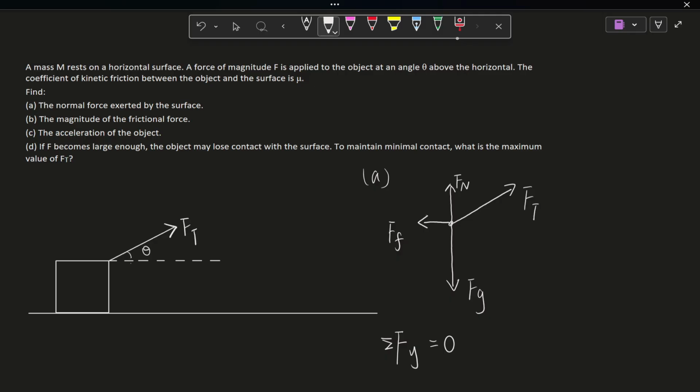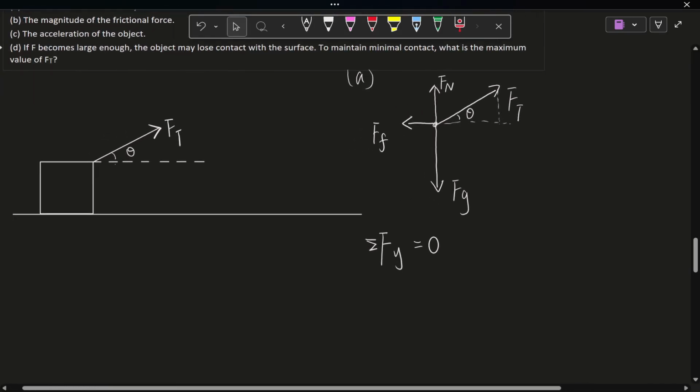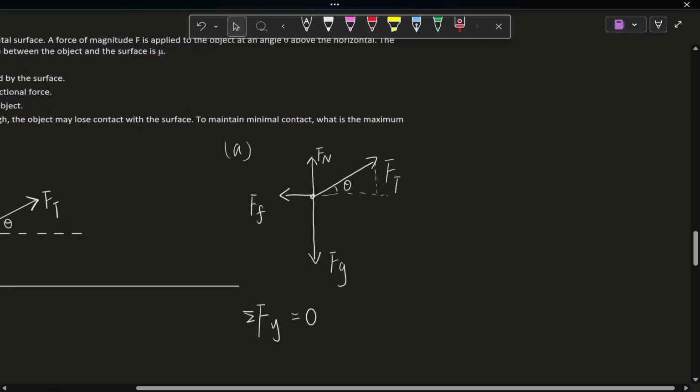So you need to break them down. Do something like this, right? As you can see, this is theta, since it's creating an angle with the horizontal surface.